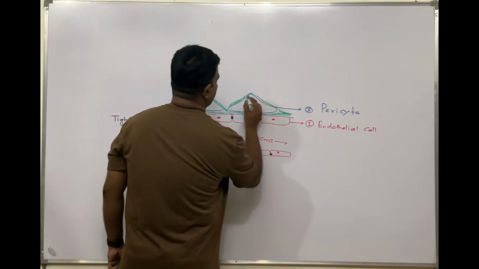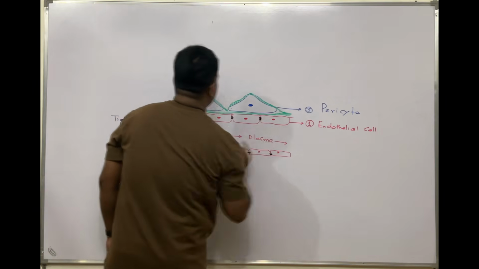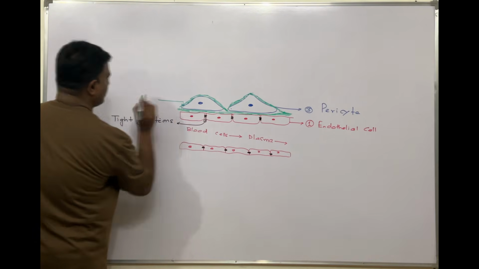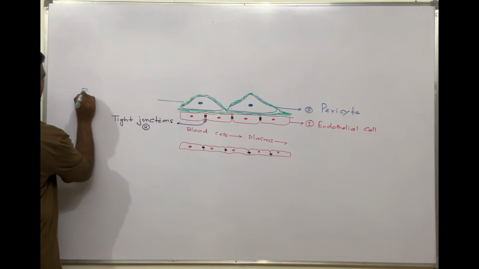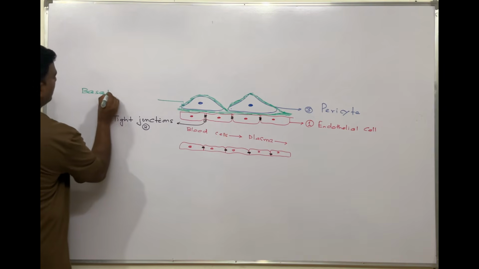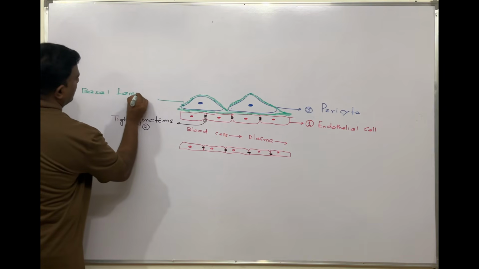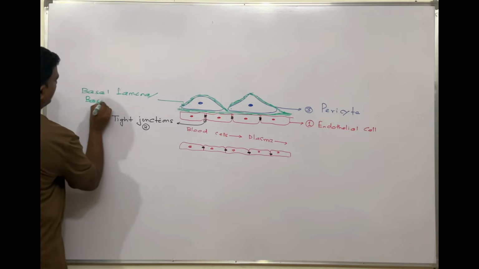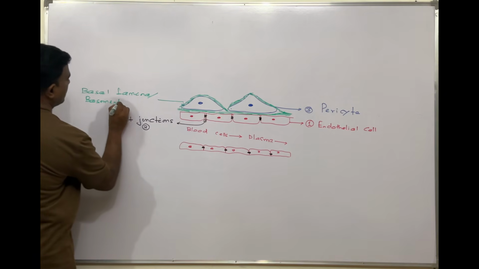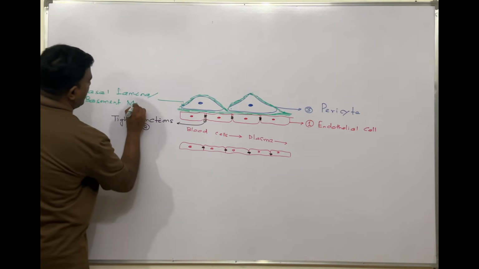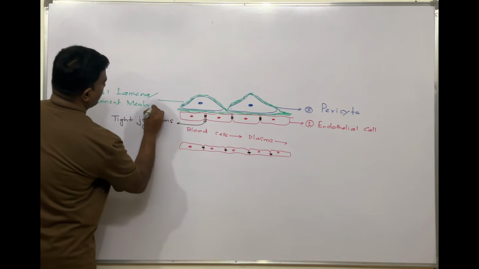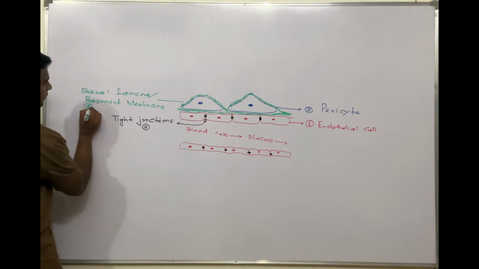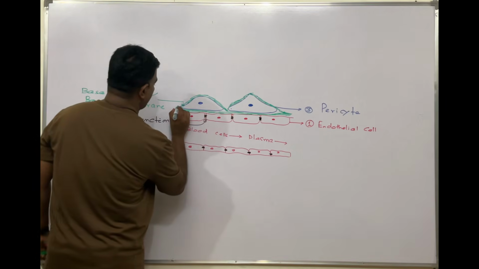So this is that laminar matrix. Here you have the basal lamina, or I can also use the word basement membrane, and for me, this is number 4.